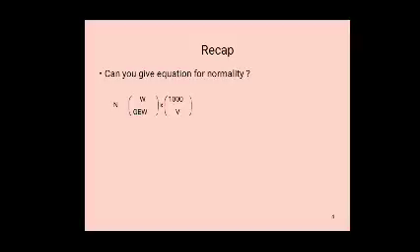In case the given solution volume is in milliliters, normality N is equal to weight by gram equivalent weight into 1000 by V ml. Units of normality are gram equivalents per liter.